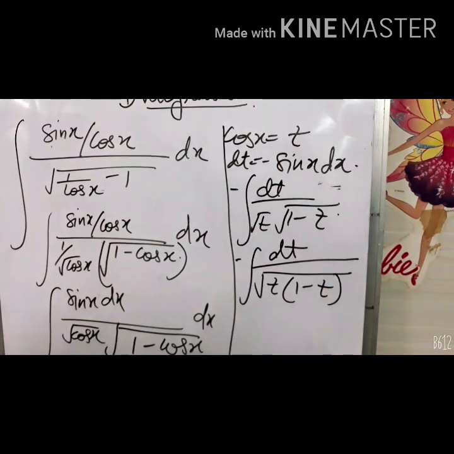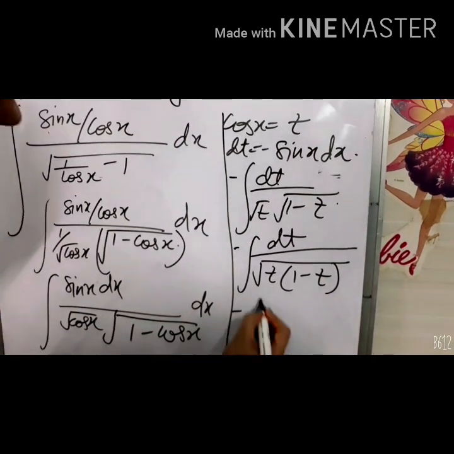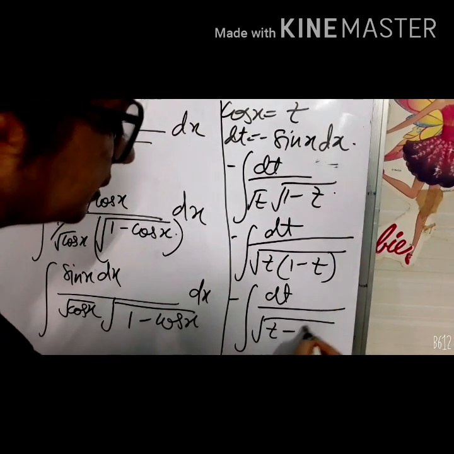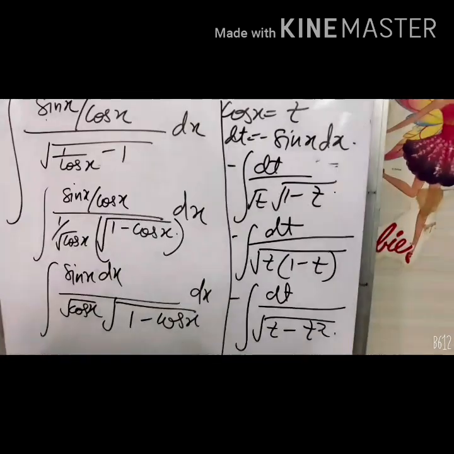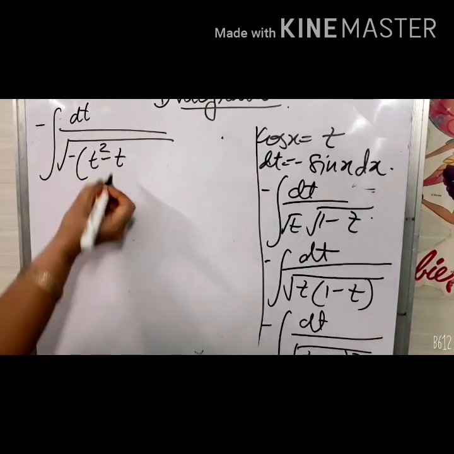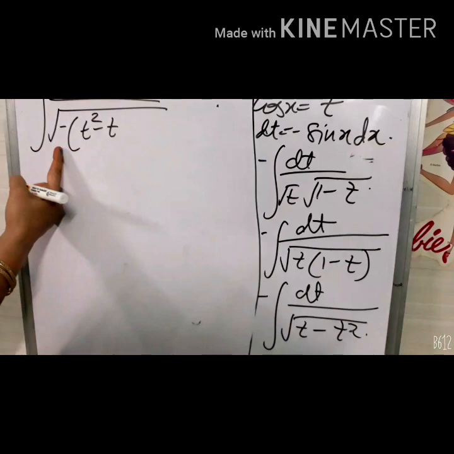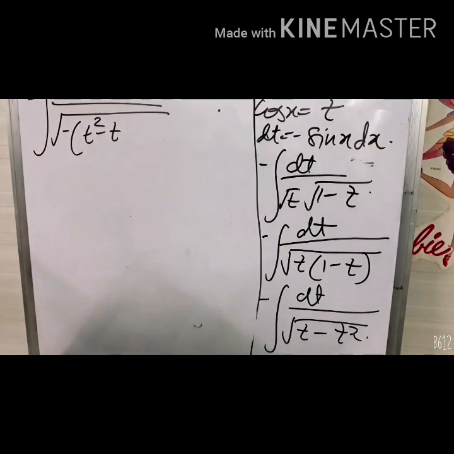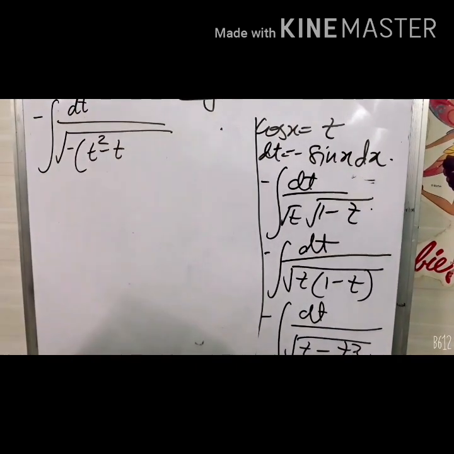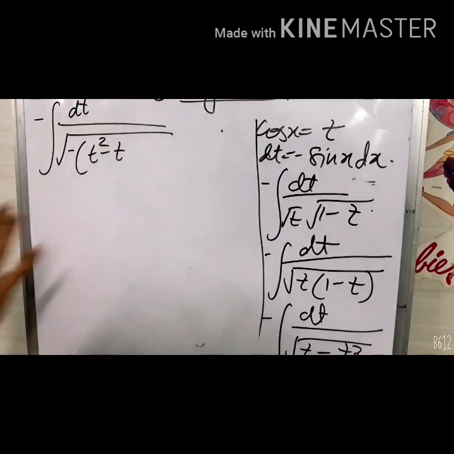So it becomes a quadratic equation. This becomes t minus t square. Understood? Now this is minus dt. What I did, I took minus common to make t square positive, t square minus t. I did not close the bracket because I wanted to tell you about the completing the square method.